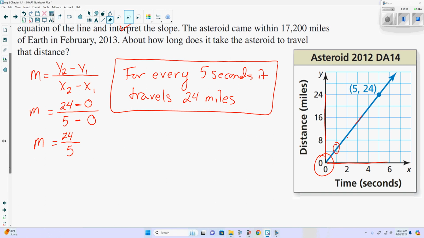We have the slope, so both of those work, yes? Do we have the y-intercept? Do we have the point where it crosses the y-axis? Well, yes. What is it? 0. So we can use y equals mx plus b.